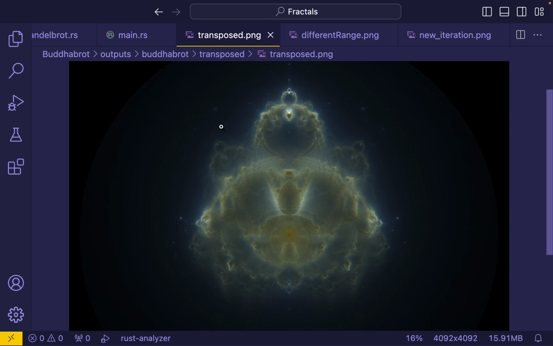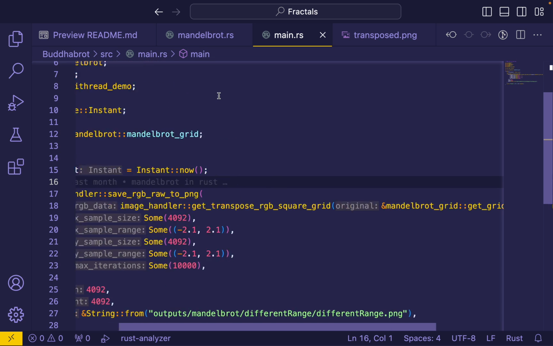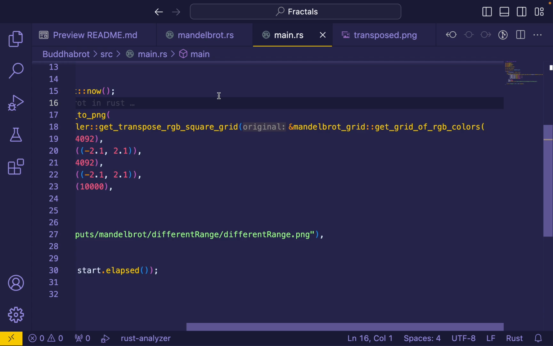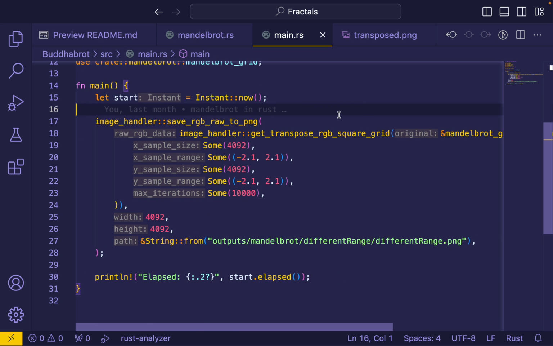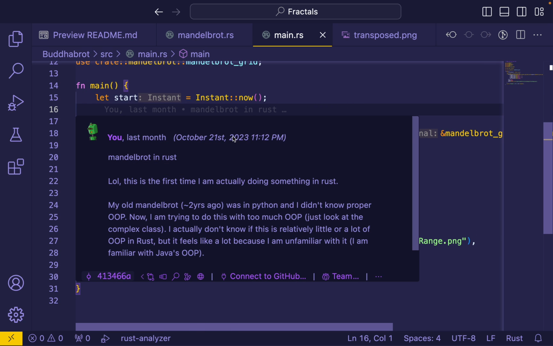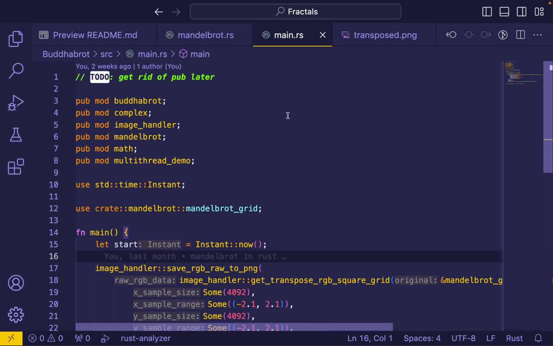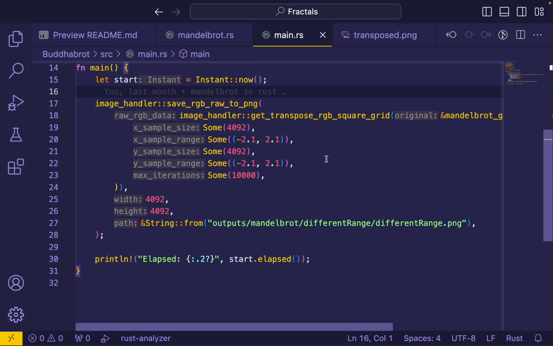But this was a project that I did in Rust, and it was my first Rust project. Just reflecting on the project, it was pretty fun to implement all of the math while I was learning a new language. And the ownership stuff was pretty interesting. Sometimes it didn't make sense, but I think I mostly understand it now.